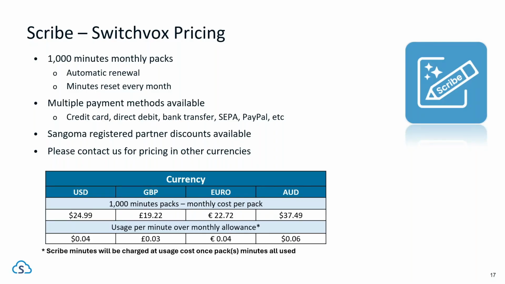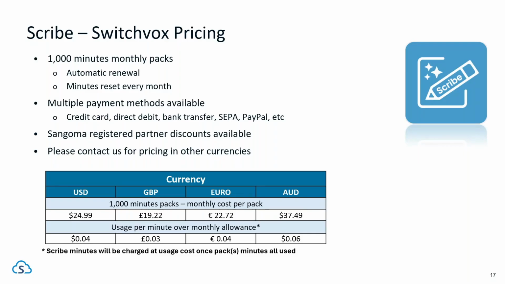You have your own login on the portal, and of course, you will have your discounts available as per usual. And as I mentioned, if you want other pricing, please get in touch with us. We have a list of pricing, but this is what we have at the moment to show on here.